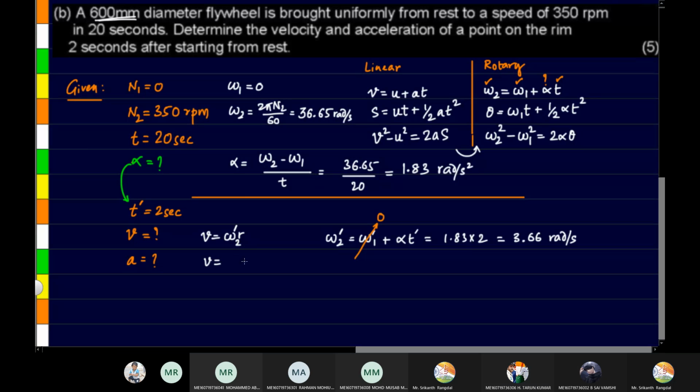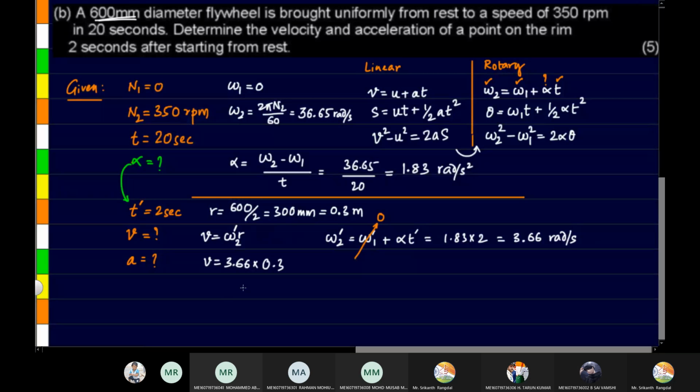Then find the velocity. Omega 2 dash is 3.66. That's the value. And radial distance, how much do we have to take? 300 mm. But velocity we need in meters per second, so 0.3 we have to take in meters.